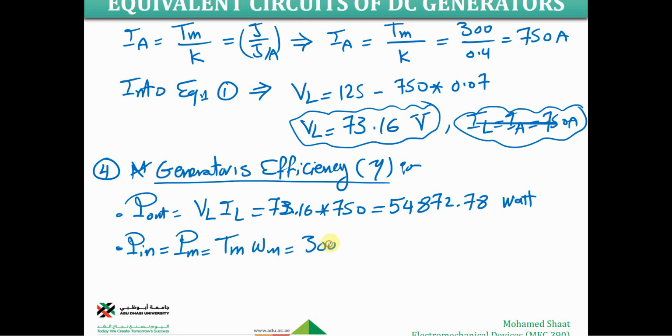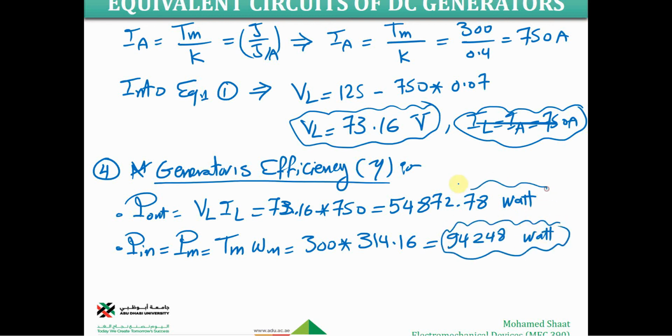Tm is 300, and omega m, after we converted to radians per second, became 314.16. Doing the calculation, it is 94,248 watts. Make sense? So this is the input and this is the output power.